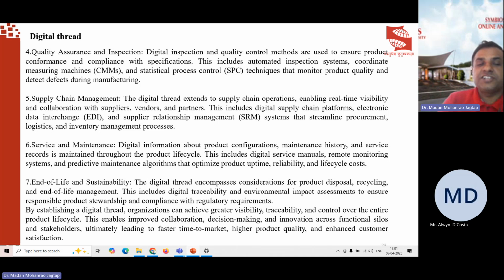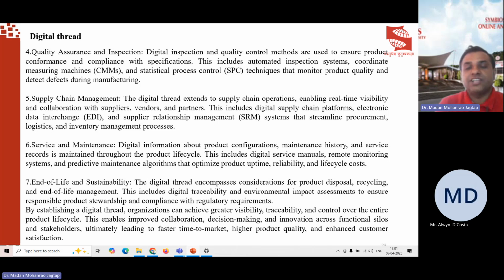By establishing a digital thread, organizations can achieve greater visibility, traceability and control over the entire product life cycle. This enables improved collaboration, decision making and innovation across functional silos and stakeholders. Functional silos means a department is not communicating with another department. Those silos can be broken down with the help of the digital thread, as the digital thread automatically communicates from one point to another in a manufacturing environment.